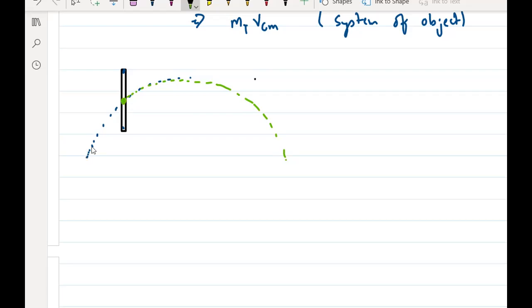It doesn't matter how the object is moving, this center of mass will move in a projectile. So you can find the range or height or whatever you want. Agree? Yes or no? Raise your hand, all of you. Anyone have any doubt in this?